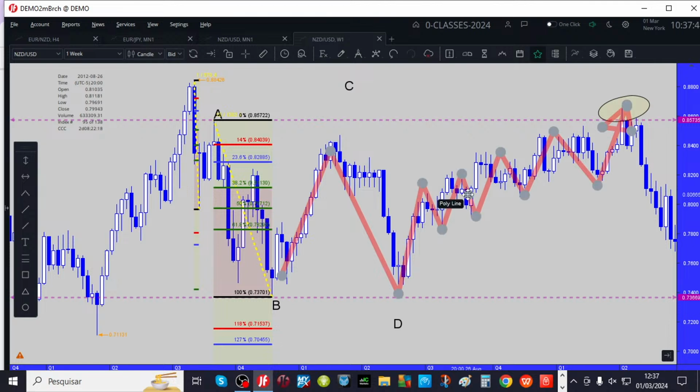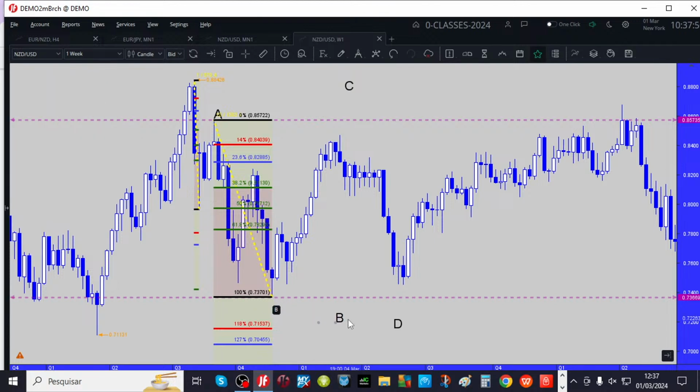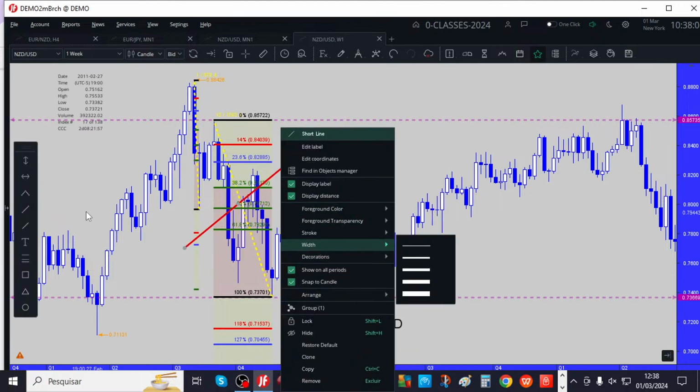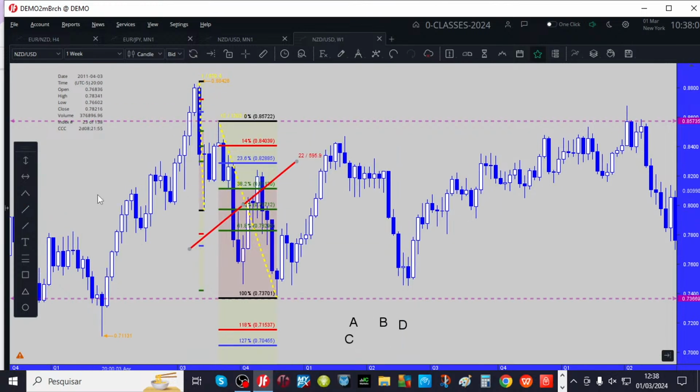So when the market breaks the A, the down Fibonacci is not valid anymore, so we should start a new up Fibonacci. Does this make sense? Boss, can you repeat please? Once the market breaks our A, our down Fibonacci in this example is not valid anymore.